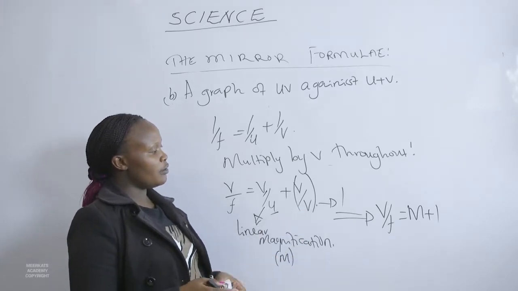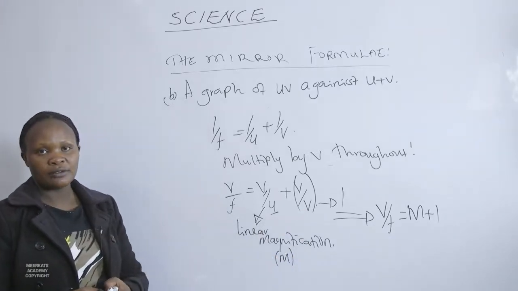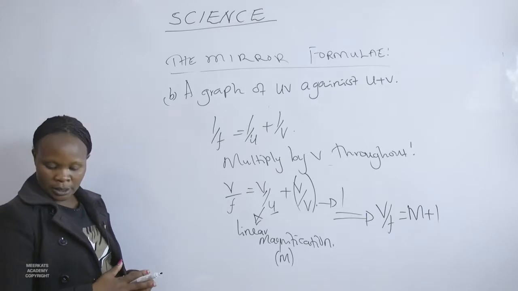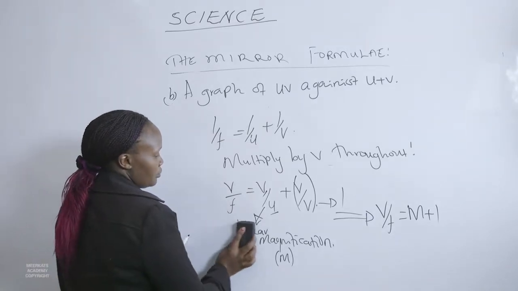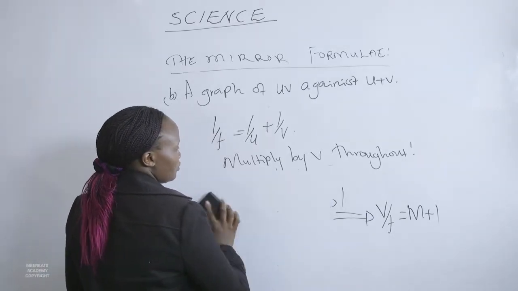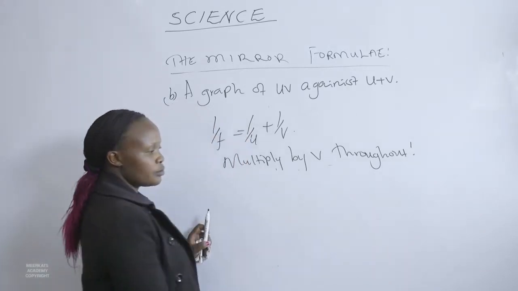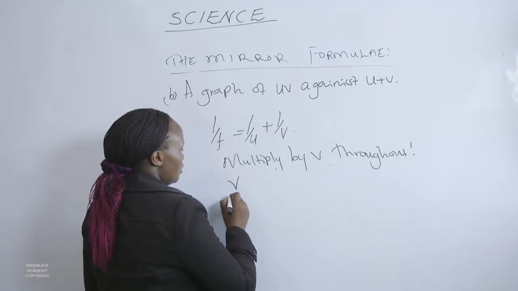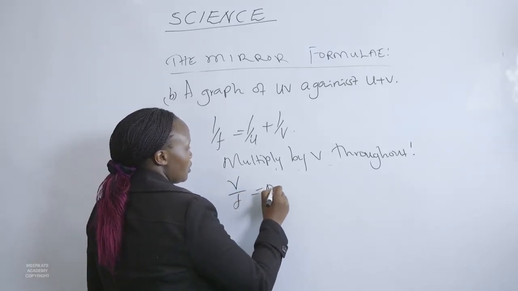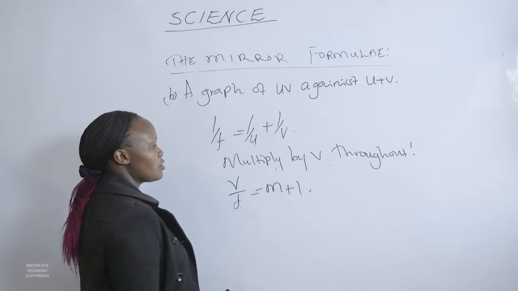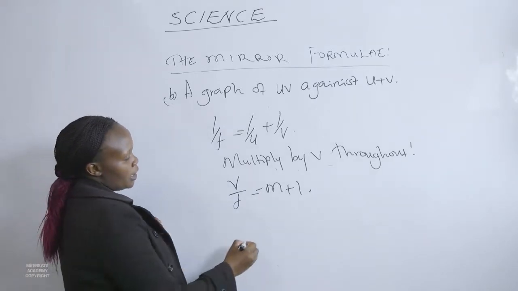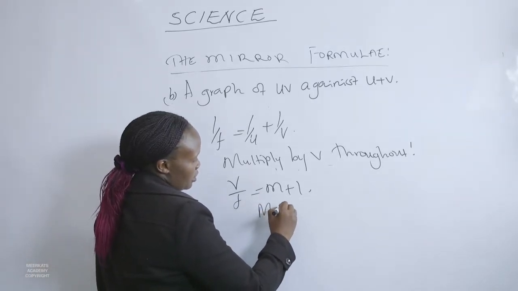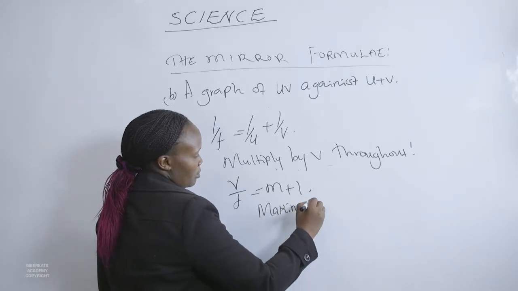And then we have a whole number fraction of 1. Therefore, V over F is equal to magnification plus 1. Now we want to make M the subject.